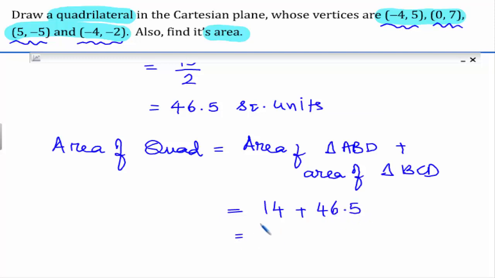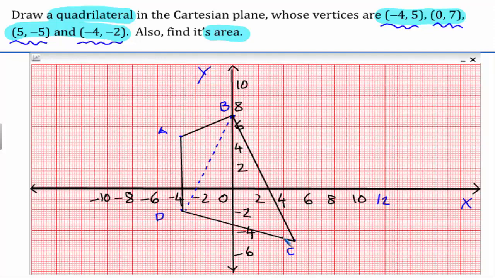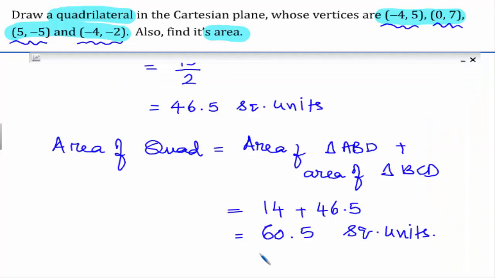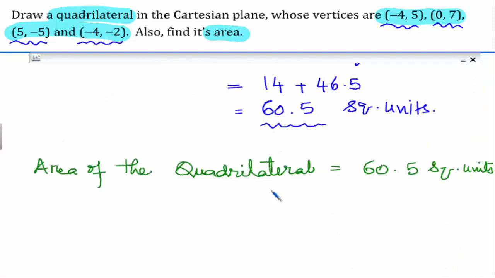This will give us 60.5 square units. So the area of this quadrilateral ABCD is 60.5 square units.